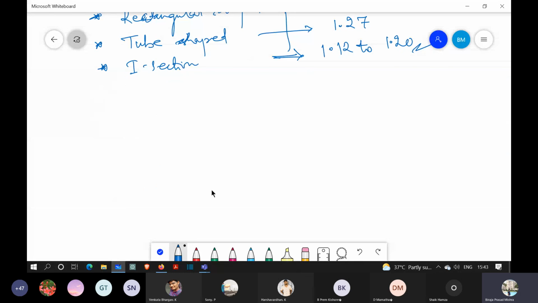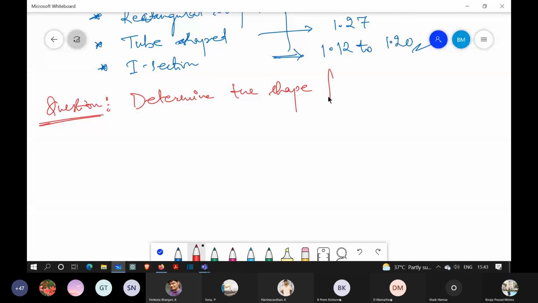So before you go, please write the question. The question is, determine the shape factor of triangular section.